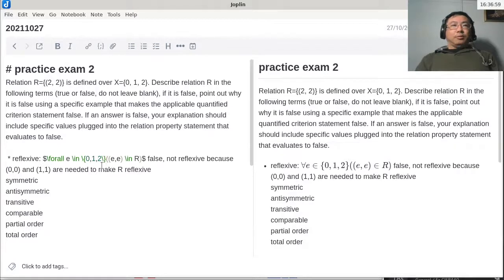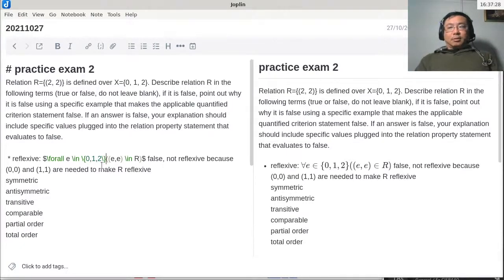So what do you think needs to be in R in order for R as a relation to be reflexive? Okay, so E is going to bind to 0, E is going to bind to 1, and E is going to bind to 2. And for every single value of E, we need EE to be in R. So what elements do we need to be in R? That is correct.